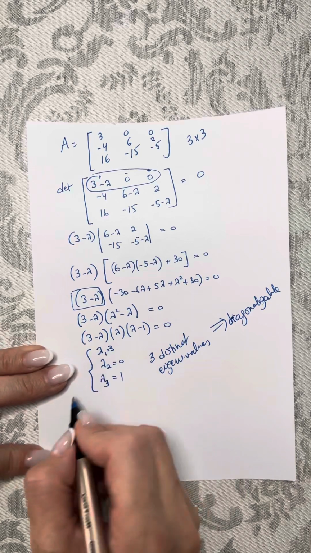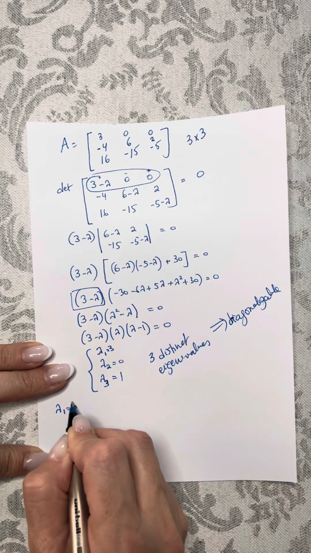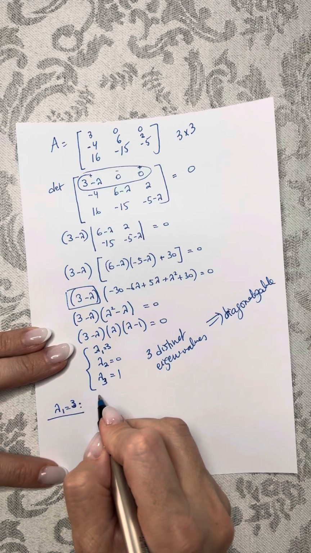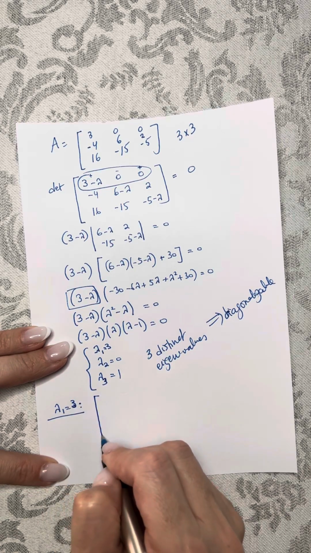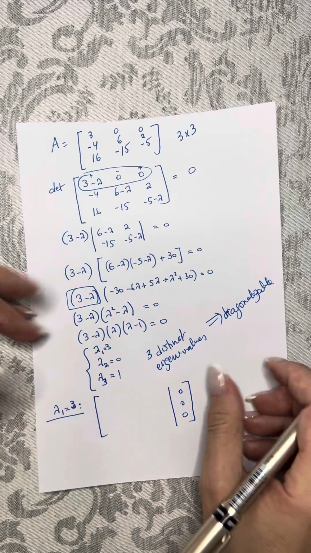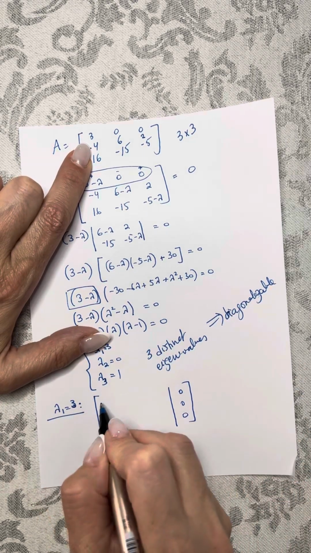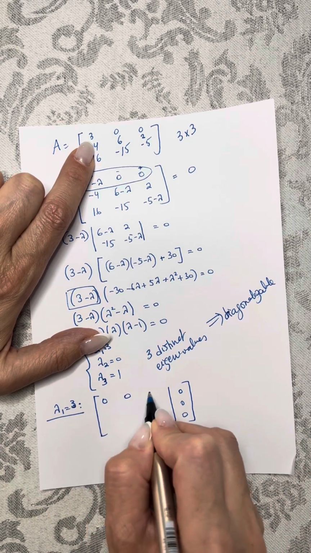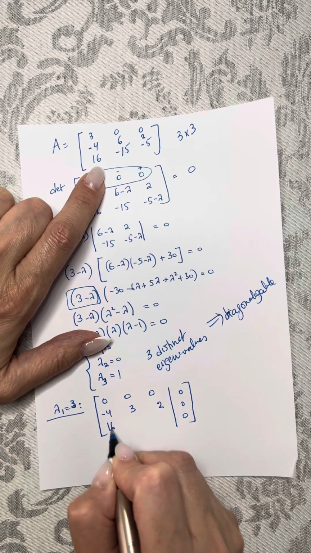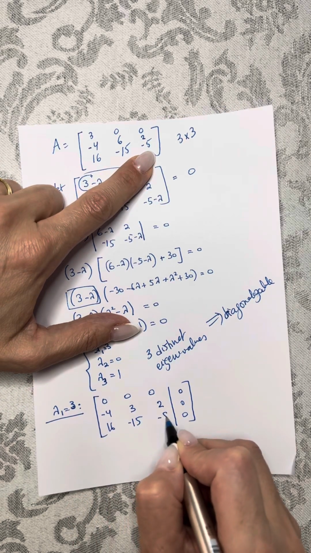Now, for every one of those, I will now solve the equation. So now we can be faster. We can directly do 3 minus lambda, so 3 minus 3, minus 4, 6 minus 3, and minus 5 minus 3.